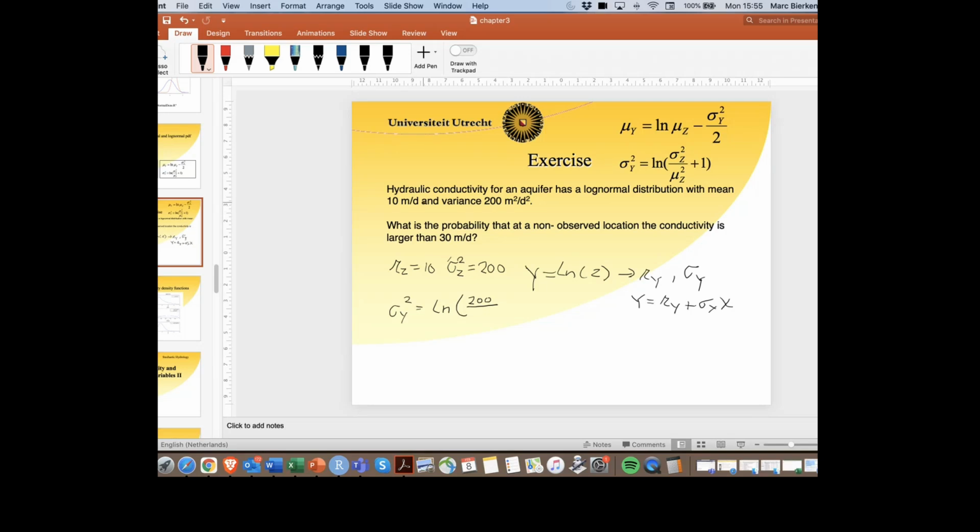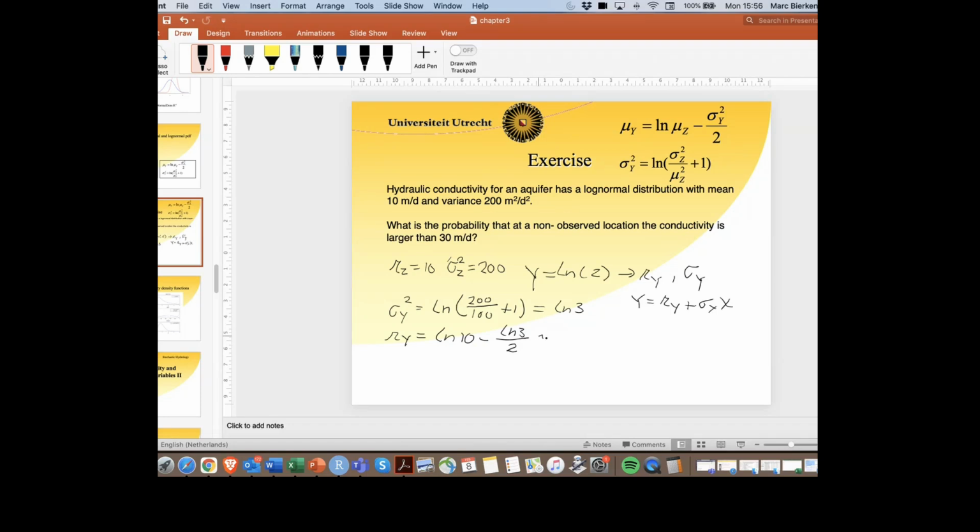The variance: the mean is 10, but you have to take the mean squared, so that is 100 plus 1. So that's equal to ln 3. And then the mean of y is equal to ln 10 minus the mean of Z minus ln 3 divided by 2.